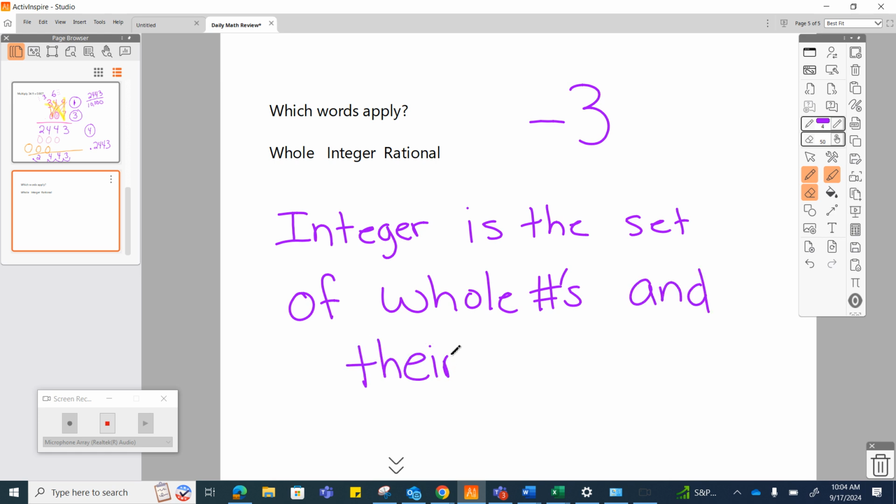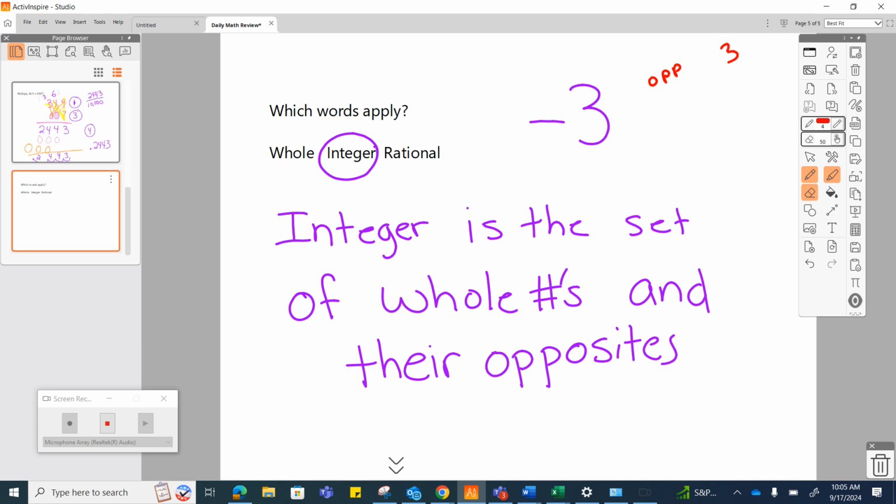And the reason I did this is because even I, when I first said, is -3 a whole number? Well, it's an integer. And the integer is the set of all whole numbers and their opposites. So -3, the opposite of -3 is 3, right? So that's the whole number.